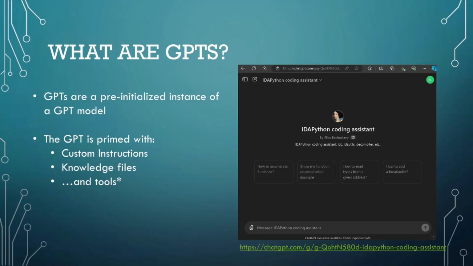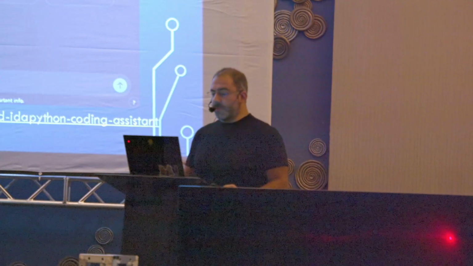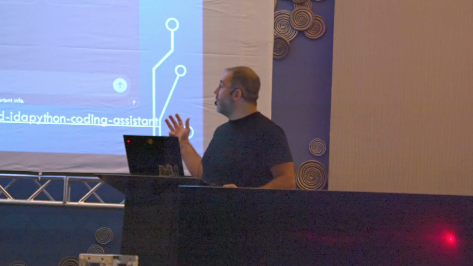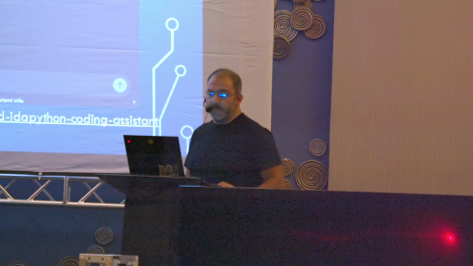So what are GPTs? If you've used ChatGPT before, they're really just an instance of ChatGPT that is primed with context, which is the custom instructions and knowledge files, and also maybe external tools through web services.